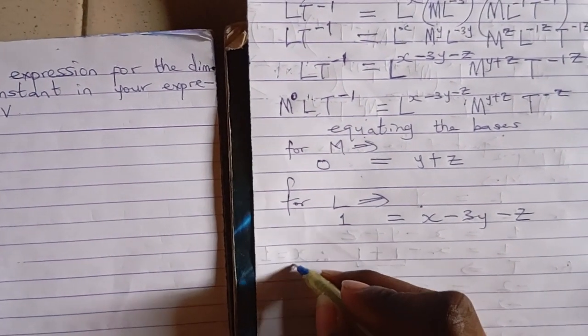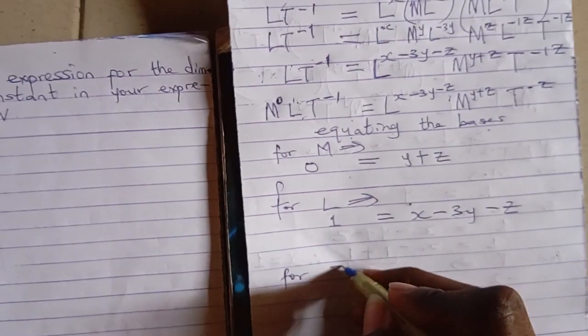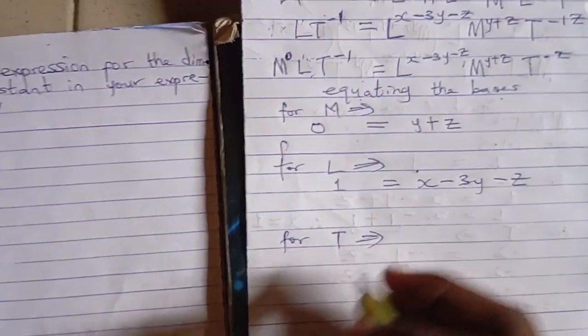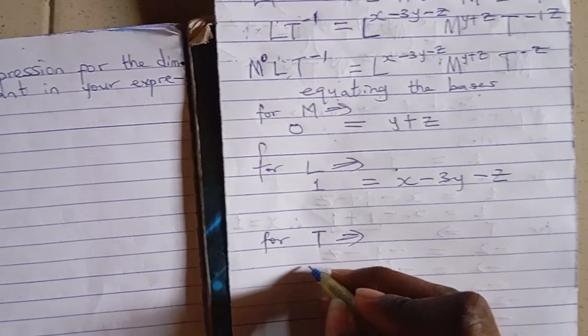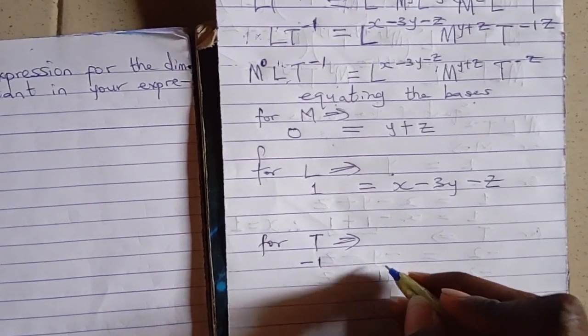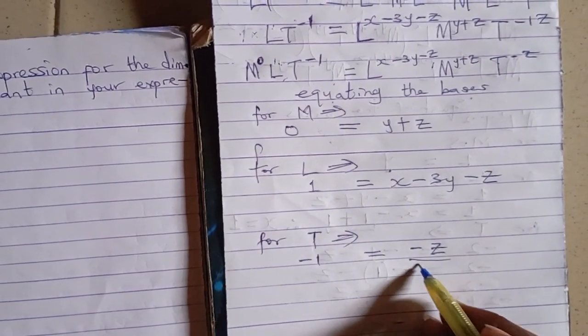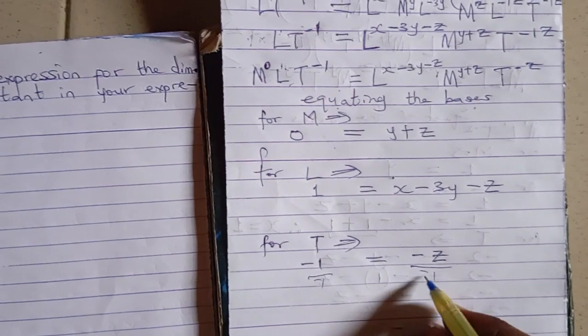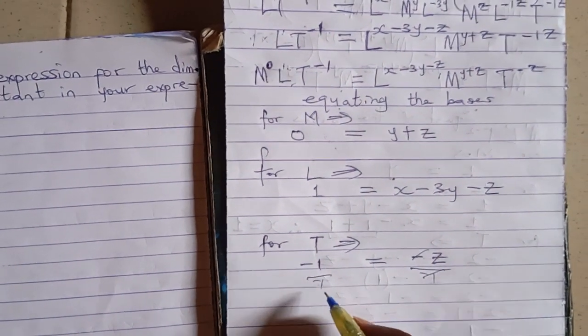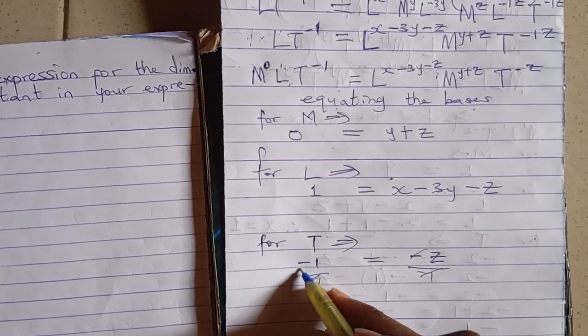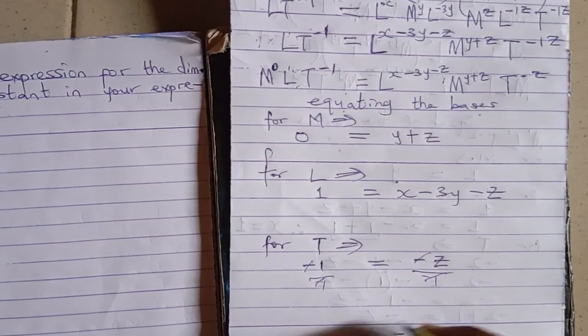Then for T, we know that on the left hand side we have T to be minus 1, and on the right hand side we have it to be minus z. So making z the subject of the formula, we divide both sides by minus 1. This will cancel this, minus will cancel minus, and 1 divided by 1 is 1.